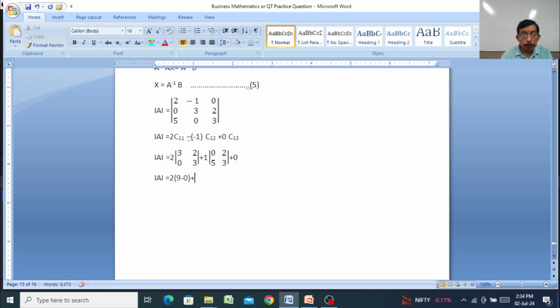Plus 1, bracket start, the first diagonal multiplication is 0 minus the second diagonal multiplication is 10, bracket close. 9 to 18, minus 10. The value of the determinant is 8. Is it clear?